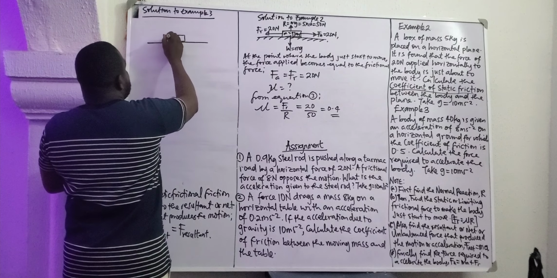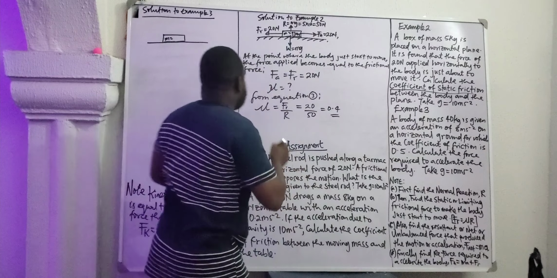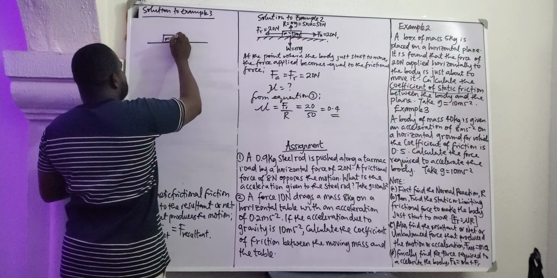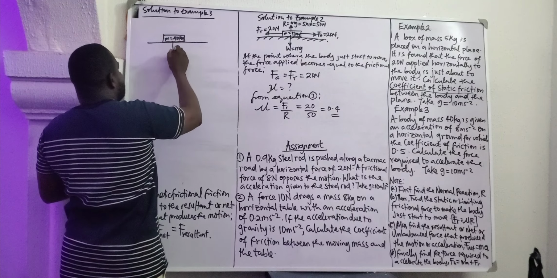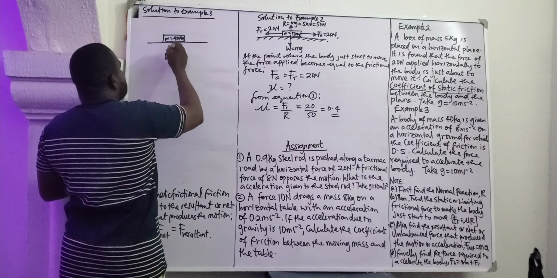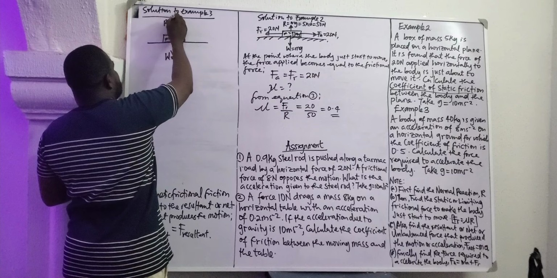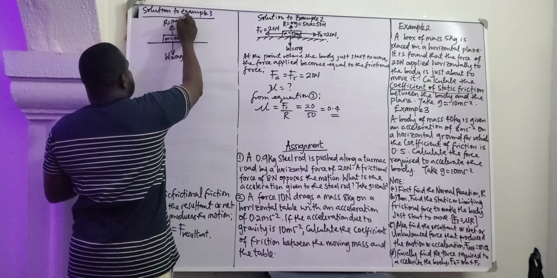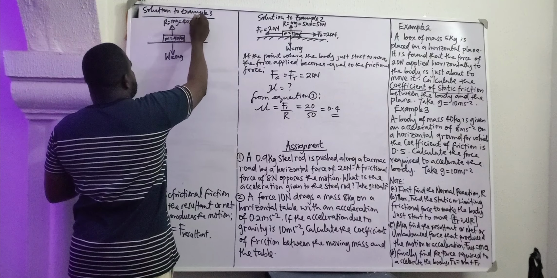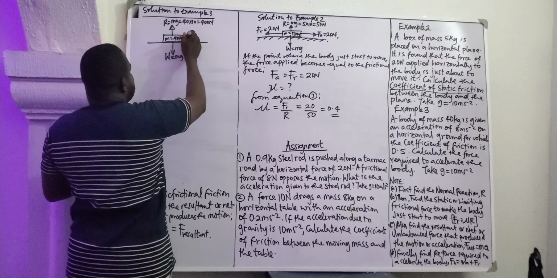We have the body with mass given to us as 40 kg, which means the weight will act downwards, which is mg. Now this weight is equal to the reaction, which is also mg. So 40 times g, which is 10, giving you 400 Newton. So the reaction is 400 Newton.